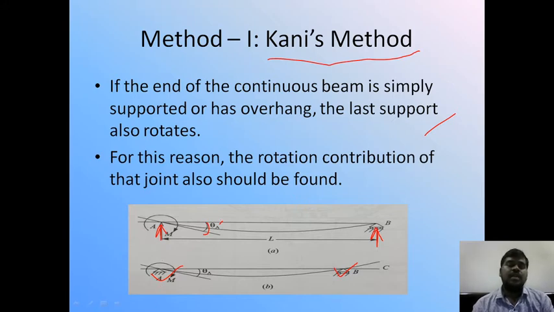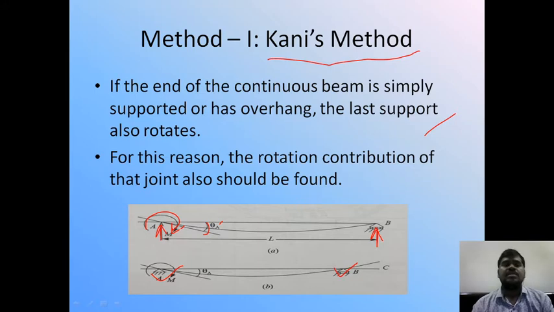In the same manner for this end it is shown like this. And this is M. So what is this M? This M is the rotation factor, the moment due to this rotation theta A. This is the total moment, and for the total moment we have three different types of moments.